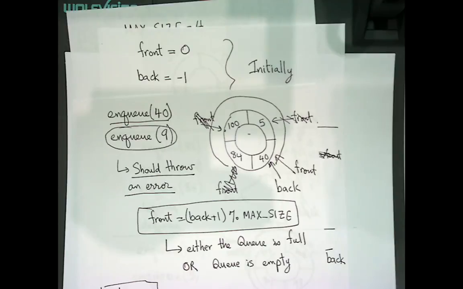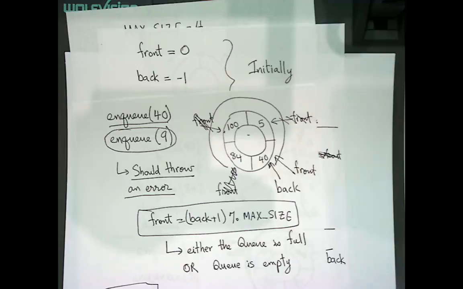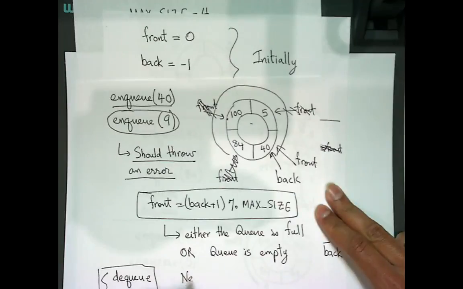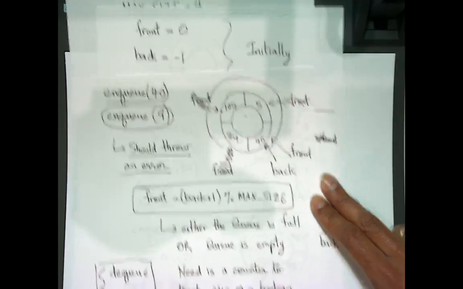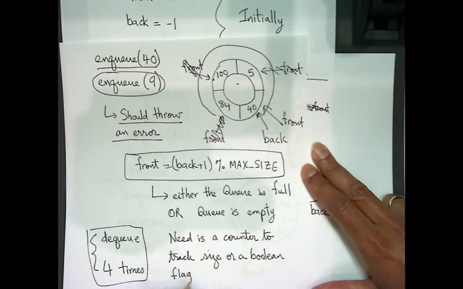So exactly, so what you need is either you have a Boolean like that or you can keep track of the size. Right? So what you need is a counter to track size or a Boolean flag to detect empty.